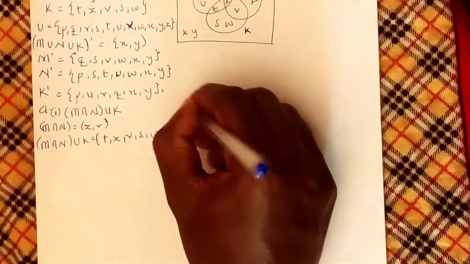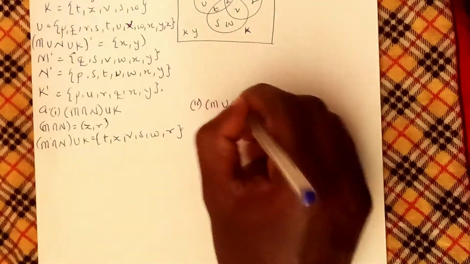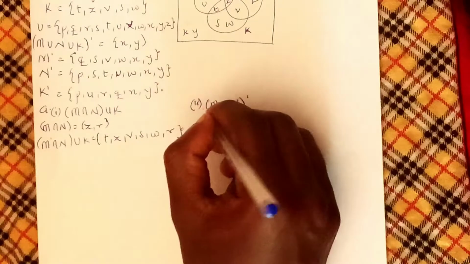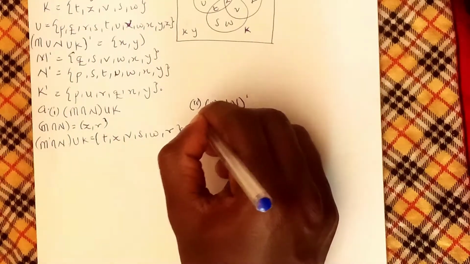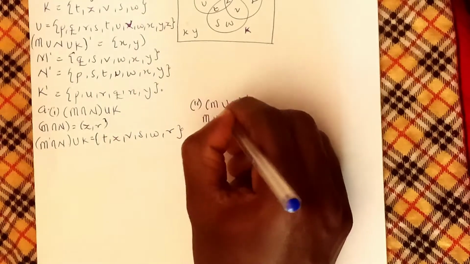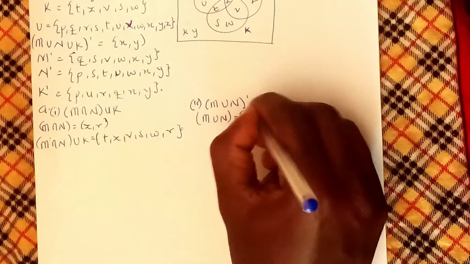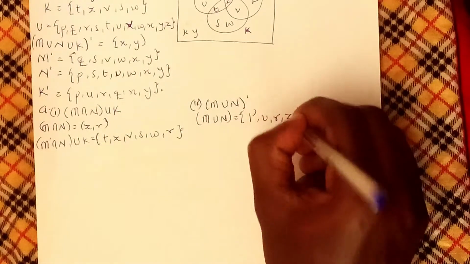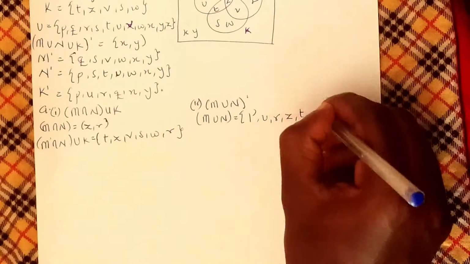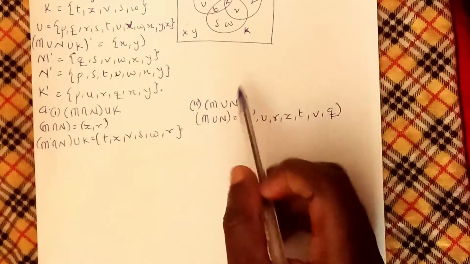Two. We have M union N, prime. So we have to find M union N first. So we have our M union N to be P, U, R, Z, T, V, and Q. Let's see.